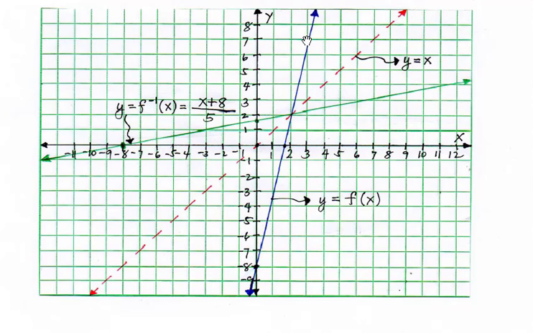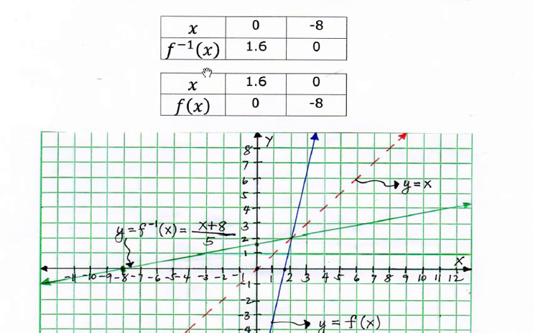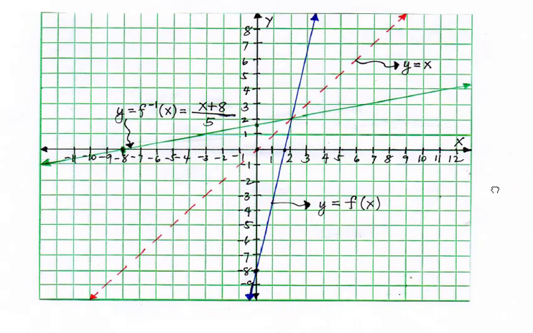But where did I get this blue colored line in plotting? Remember earlier that in this table of values, we just interchange the domain and the range. So this concludes our solution for number 4.